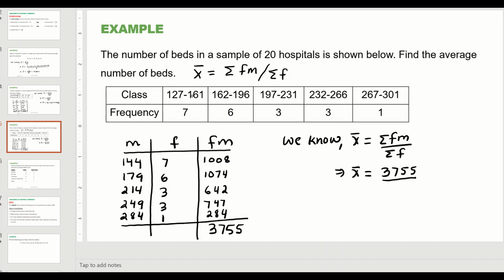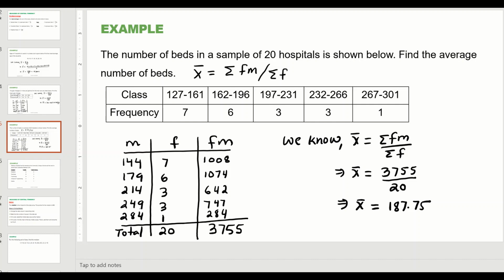If we add all these, it's going to be 20. So we have our total, that is 20. Now, using our calculator, we have to divide 3755 by 20 and we'll obtain the result 187.75.